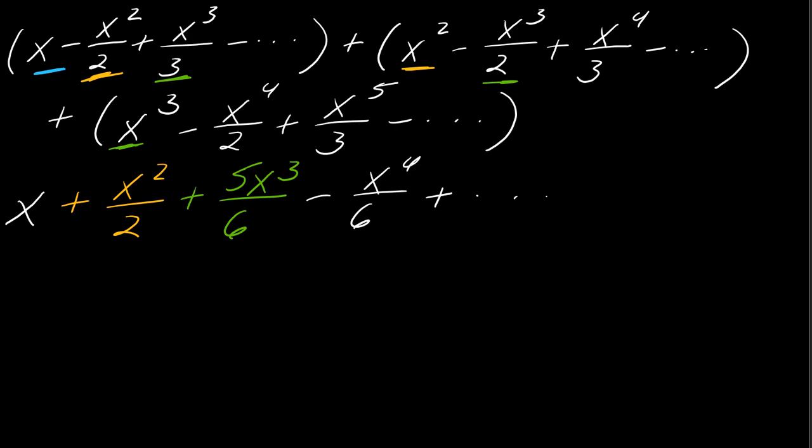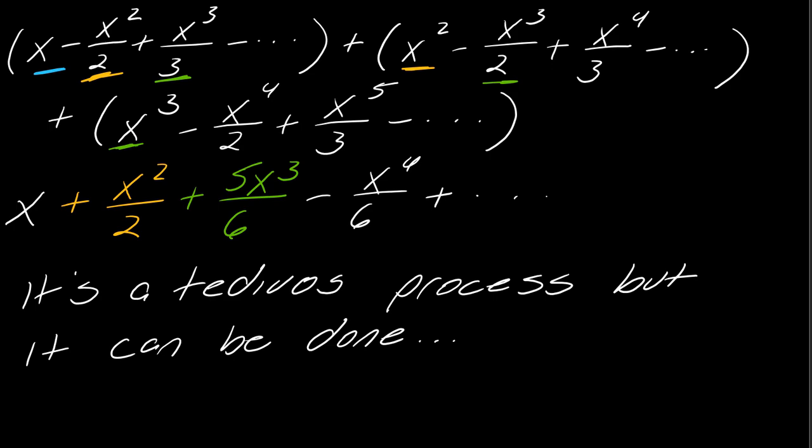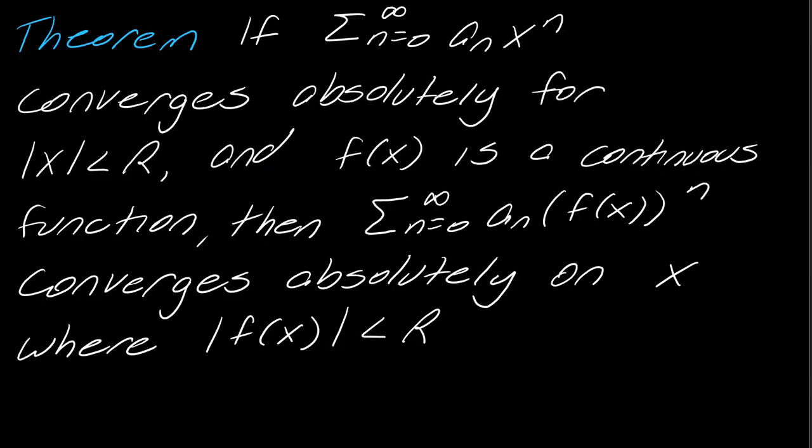Not really, and that's okay. The process can be a bit tedious, but it can technically be done. So that's just multiplying series together, and we just want to know that this can be done for right now. This will come back at a later point in time, and we'll revisit it later.